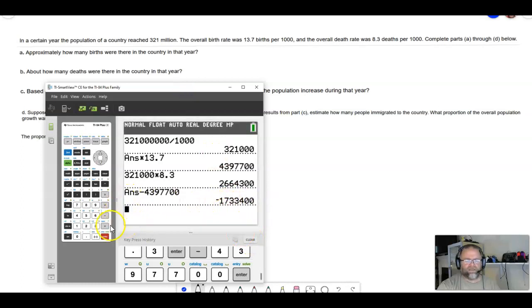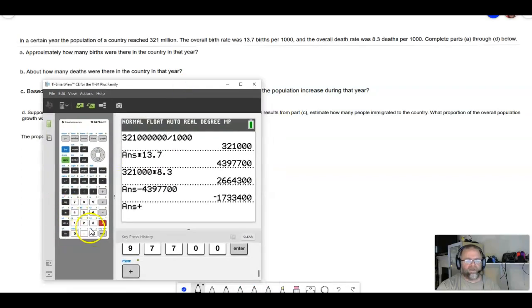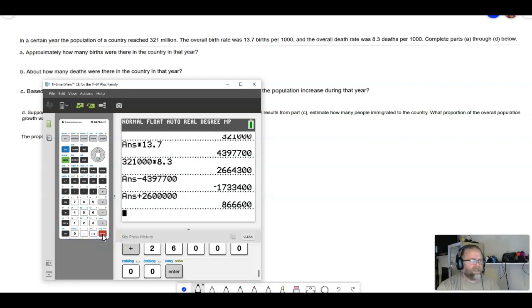Since this is a negative number, I'm just going to go ahead and add the 2.6 million people. So 2,600,000 minus 1,733,400 is approximately 866,600 new people from immigration.